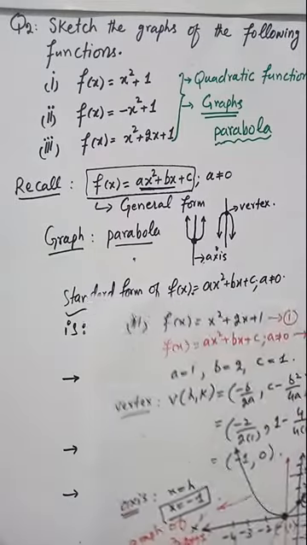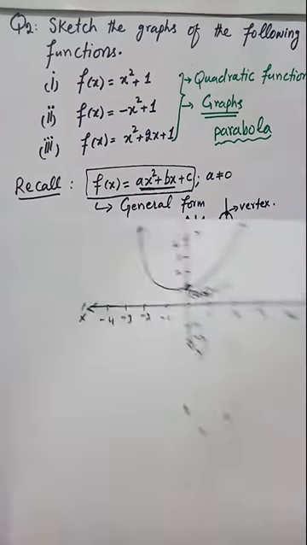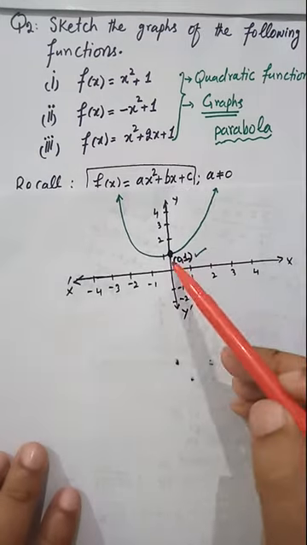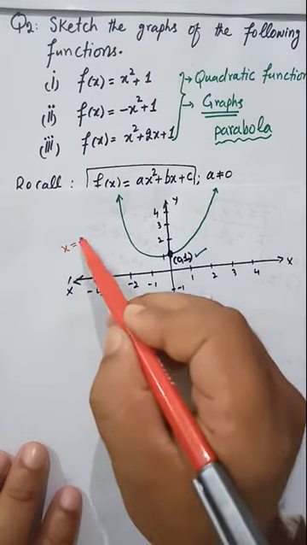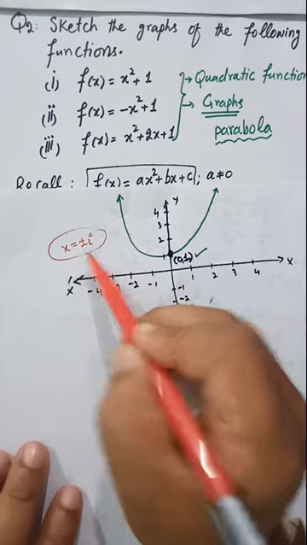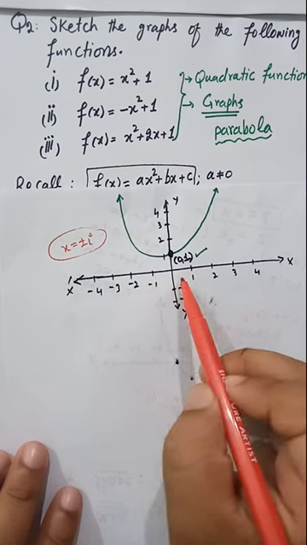But when I sketch the graph, I see that the branches are open upward, and that the parabola never intersects the x-axis. So that is why x is equal to plus minus iota: x is imaginary for this parabola because it doesn't intersect the x-axis.